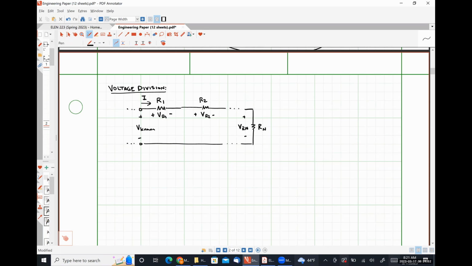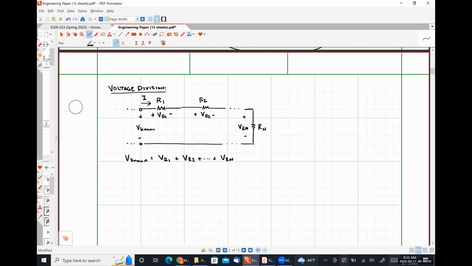Like so. And applying Kirchhoff's voltage law around this loop, we can find that our known voltage, V known, will simply be the sum of the individual resistor voltage drops, right? Again, to this point, exactly identical to what we did in class on Wednesday.